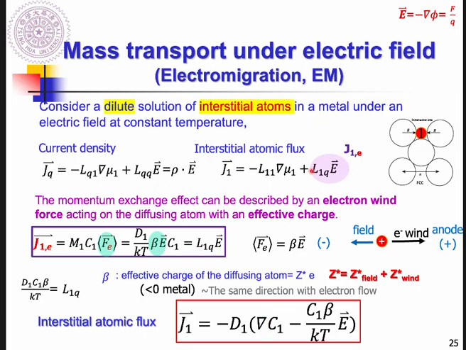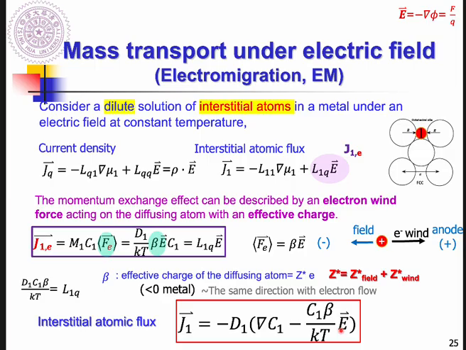And the second term will be the mobility times concentration times driving force. So I write it down: the mobility, negative is positive, right? Mobility is D divided by kT. Mobility, concentration, and also the driving force is beta E.